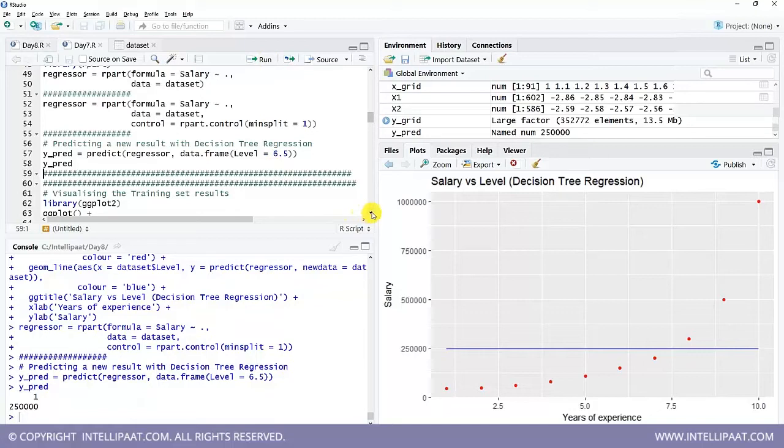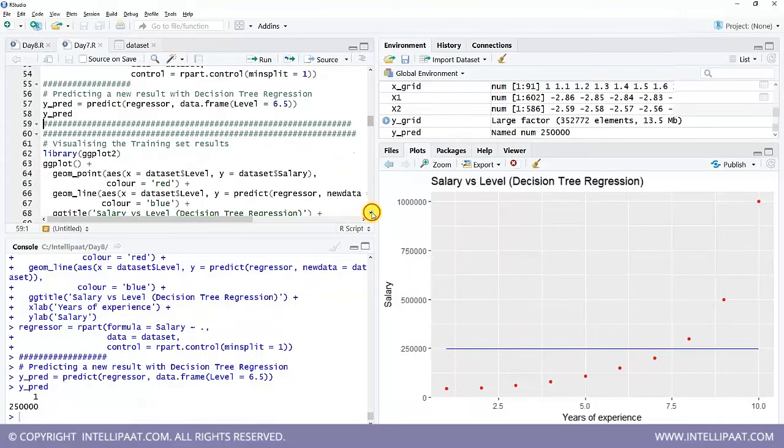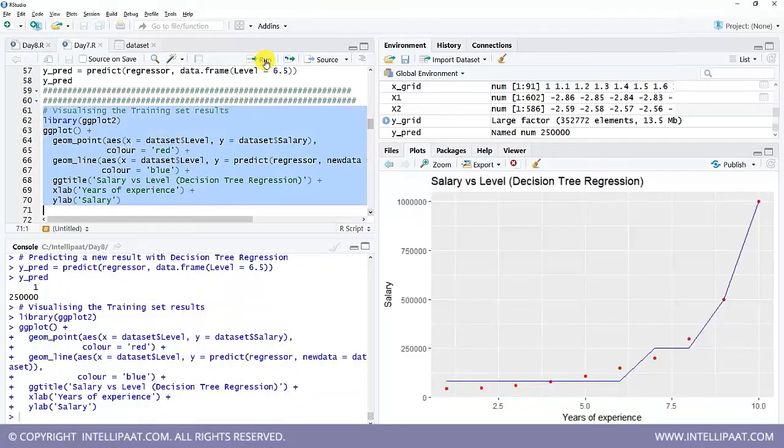So when we try to plot it, how does it look? We get a slope here, but we know for sure that the decision tree's prediction is not going to be continuous between this range and this range.